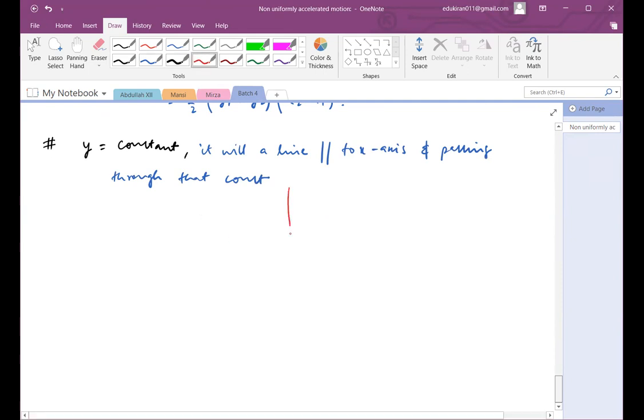Suppose this is the y-axis, this is the x-axis, and you have to draw y equal to 2. So it will be a line parallel to the x-axis and passing through that particular point, like this.